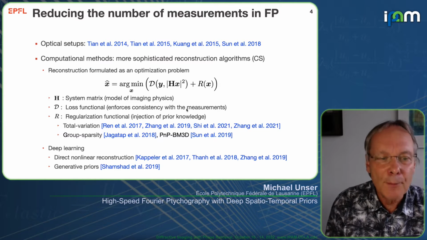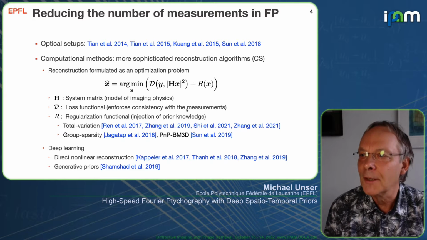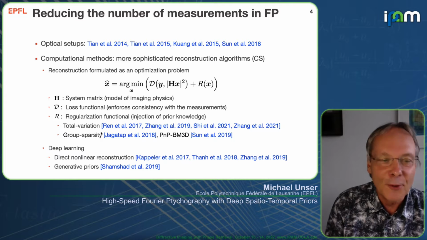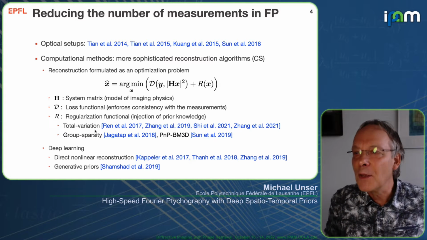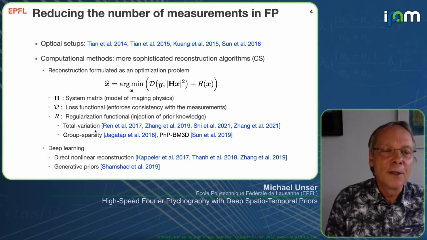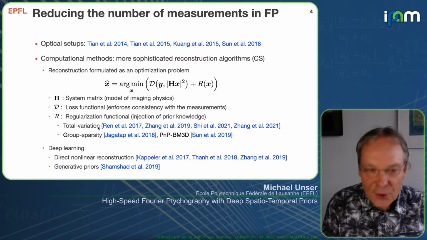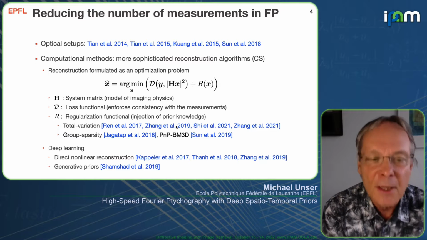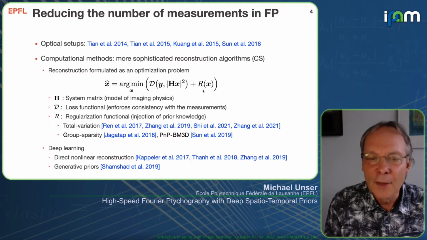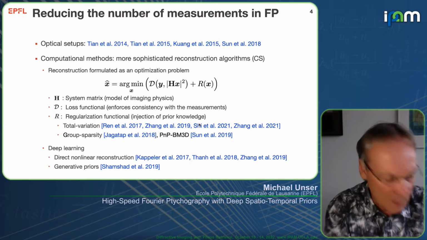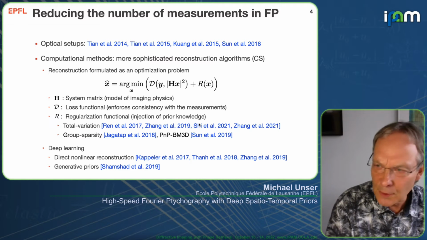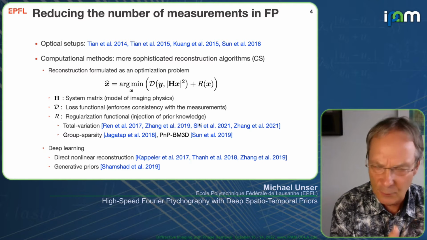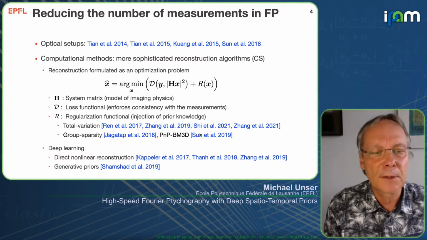And there I'm happy that actually Stan Osher is part of the conference. Of course, the most famous way of regularizing is total variation. And it's no surprise that people relatively early on started using total variation regularization to address the ill-posedness of the problem when you're trying to reconstruct at a faster rate than your data rate.